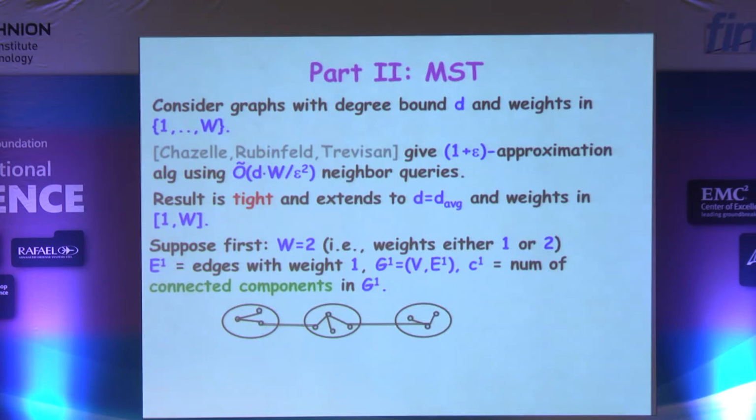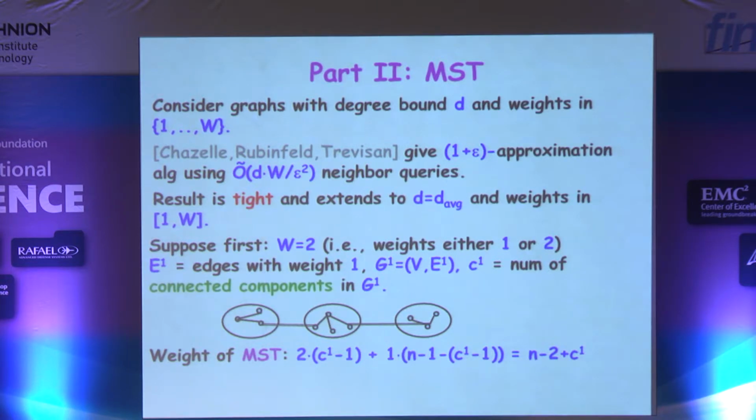Looking at this, what it tells us is that the weight of a minimum spanning tree is a function just of the number of connected components of the graph with edges of weight 1. The number of edges of weight 2 are just those that connect between the connected components, so that's C1 minus 1, and the rest are of weight 1.